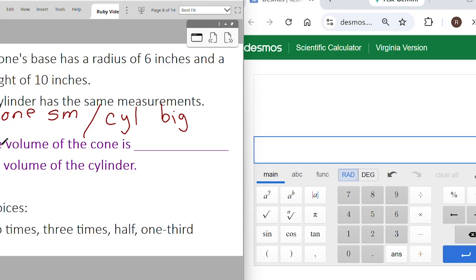So our choices are 2 times, 3 times, half, or 1/3. If our cone is smaller and the cylinder is bigger, that means the volume of the cone is going to be smaller than the volume of the cylinder. So if you have the smaller thing first, it is 1/3 the volume of the cylinder.